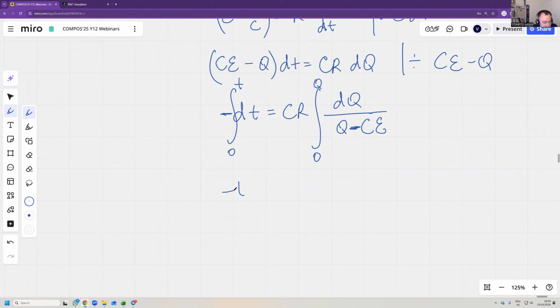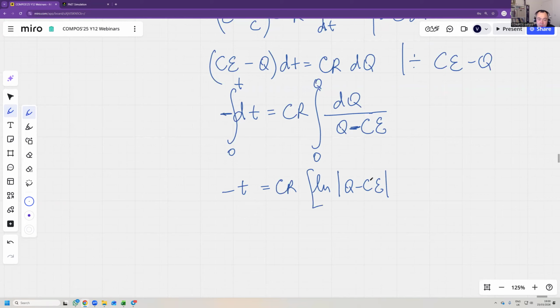So this is minus t. Minus t equals CR. And this is the logarithm. Logarithm modulus Q minus C EMF.